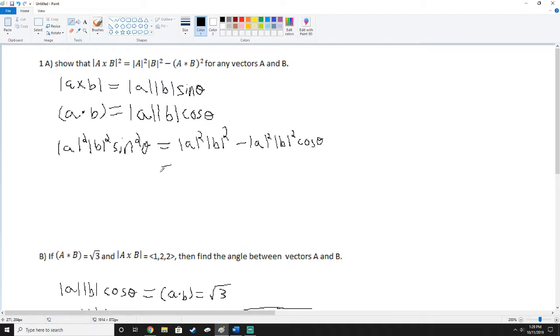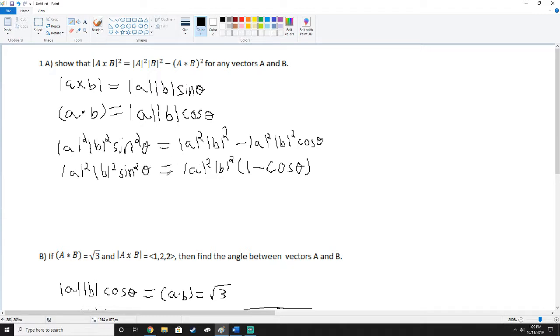This leaves us with magnitude of a squared and magnitude of b squared times 1 minus cosine squared theta. And on the left side of the equation, we still have magnitude of a squared times magnitude of b squared sine squared theta.